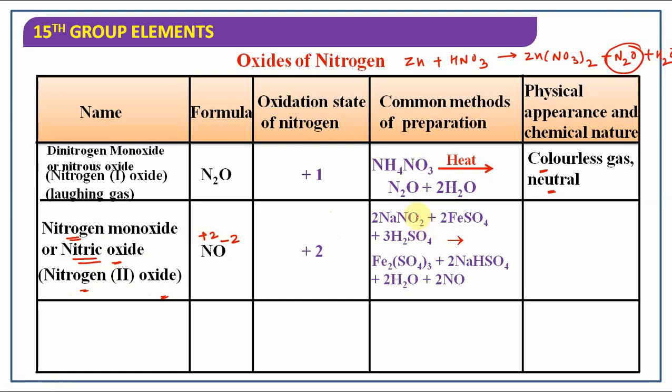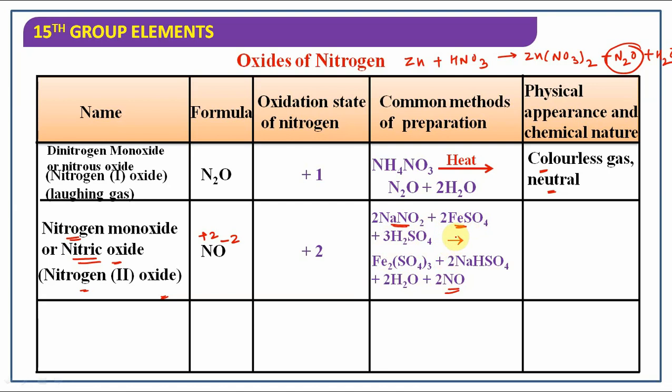If you see the preparation method, how can you prepare nitric oxide? Nitric oxide can be prepared by treating sodium nitrate with freshly prepared acidified ferrous sulfate, FeSO4, upon adding H2SO4, it will give you nitric oxide.